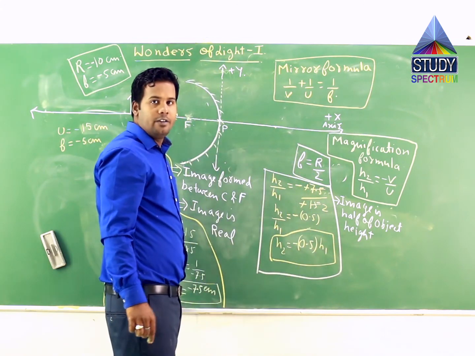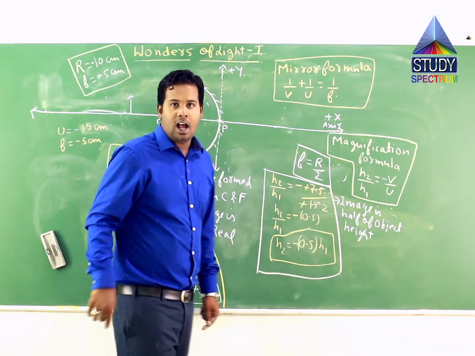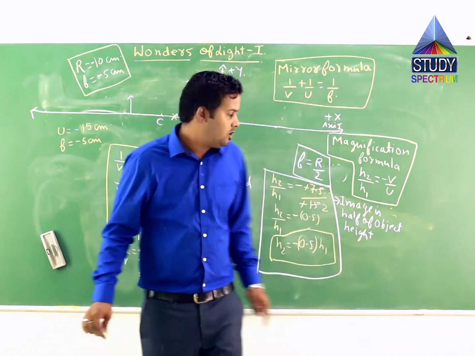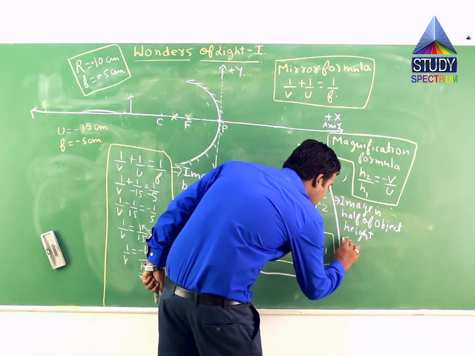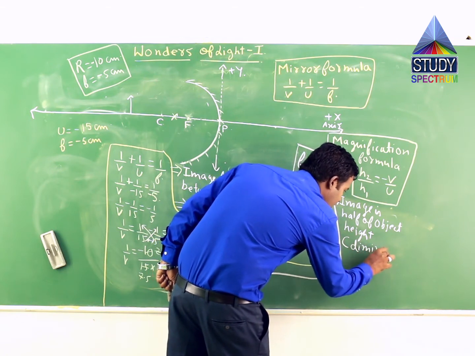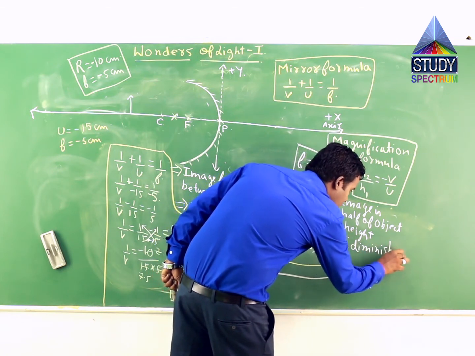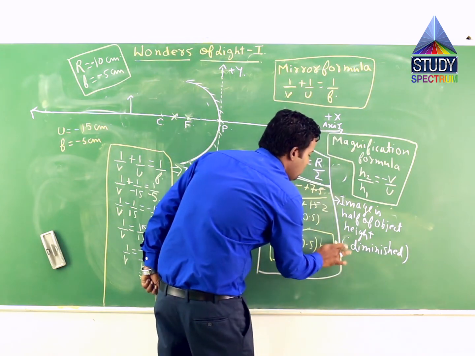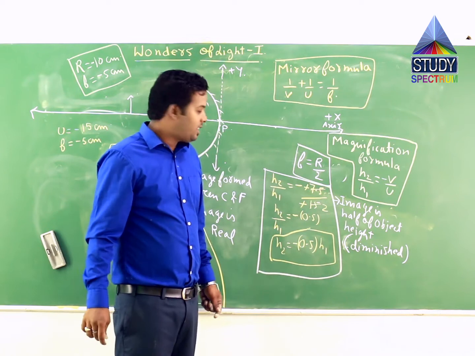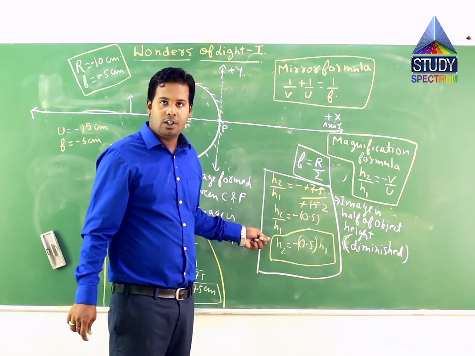Or in other words, we can say if I am the object, this image is diminished. Correct? So we can use the word diminished also.